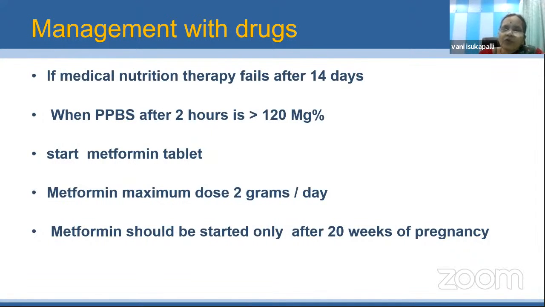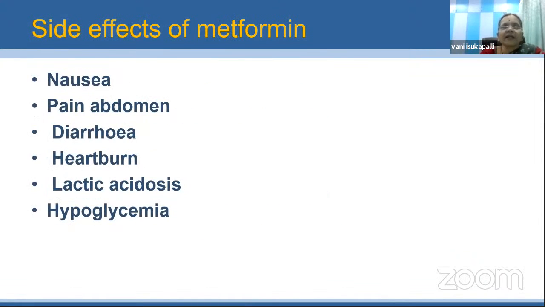To a maximum of 2 grams per day, metformin can be initiated, but with a tagline that it can be started only after 20 weeks of pregnancy, not in the first trimester at all. So with this exception, it can be started for cases who did not improve or become euglycemic with your MNT.